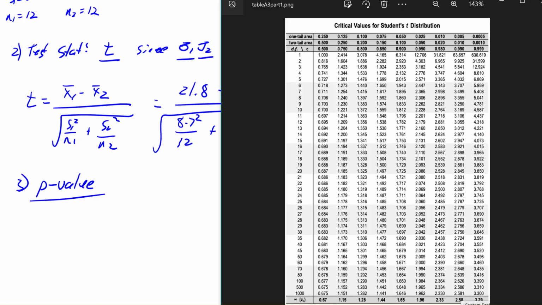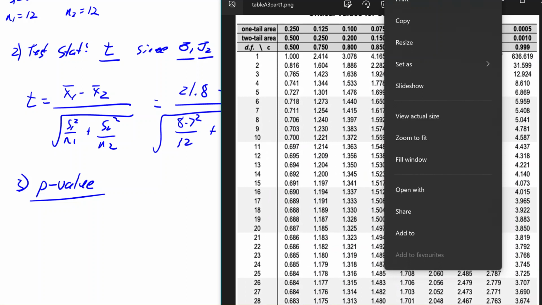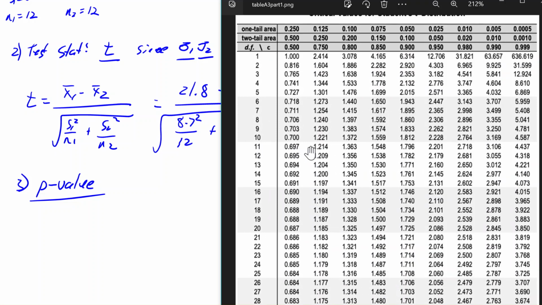So let me go to the T table. Degrees of freedom is 11 right here, and our value is 0.87. So 0.87 is between these two values. So we go up. P-value for this one, for two-tail, is 0.5. P-value for this one is 0.25.